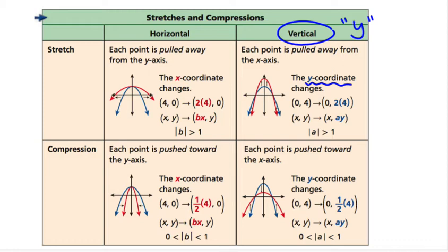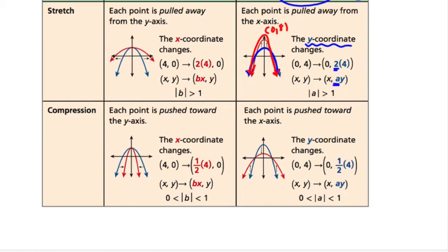So let's say here's my original blue, and I want to stretch it, make it taller. I'm multiplying it by 2. I'm multiplying everything by 2. So now it's going to make it twice as big. It's going to be up here at, instead of 0, 4, it's going to be at 0, 8. So it's stretching it.